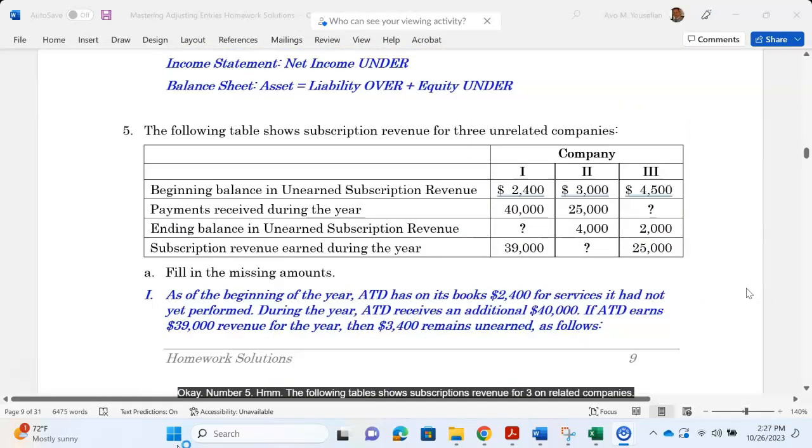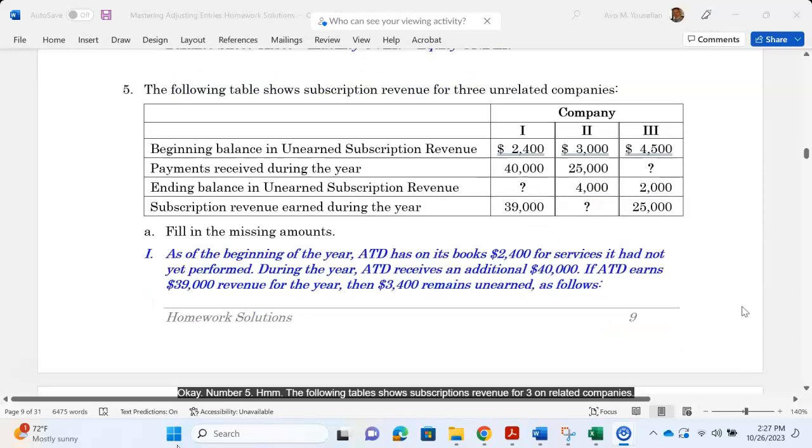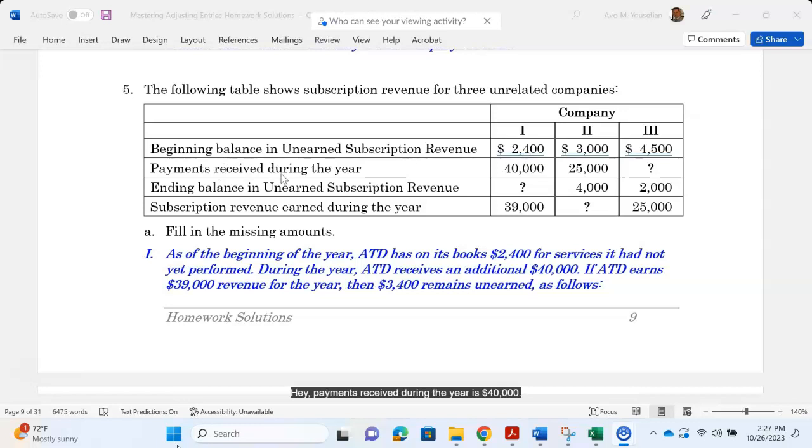Number 5. The following table shows subscriptions revenue for 3 unrelated companies. Beginning balance in unearned subscription revenue is $2,400 in company number 1. Payments received during the year is $40,000. Subscription revenue earned during the year is $39,000.